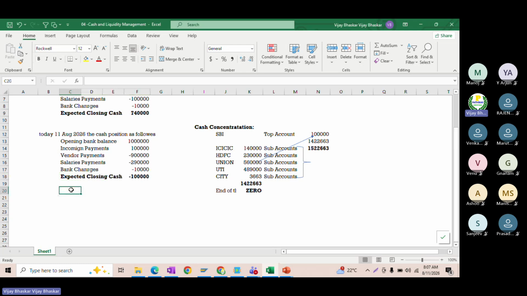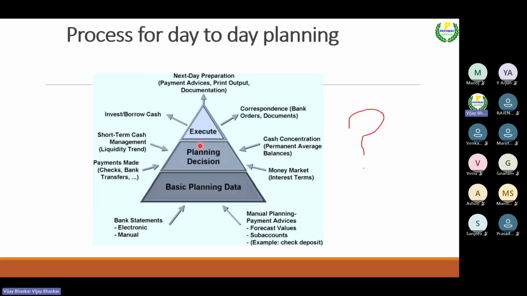How are they going to arrange the cash? Again, it depends on their needs. Either they can go for the banks or for internal loans, depending on their available sources. By considering all this information, the planning execution can be done.